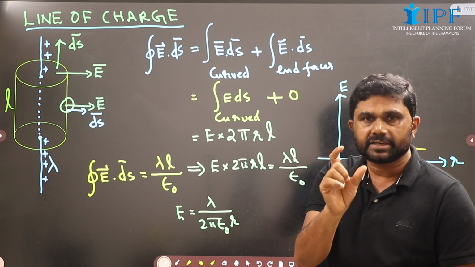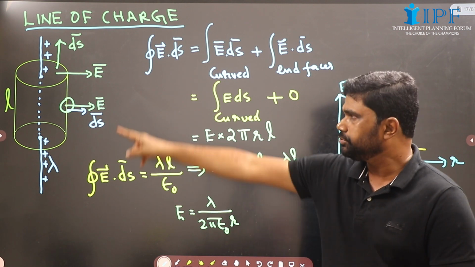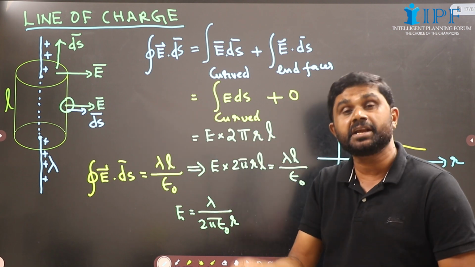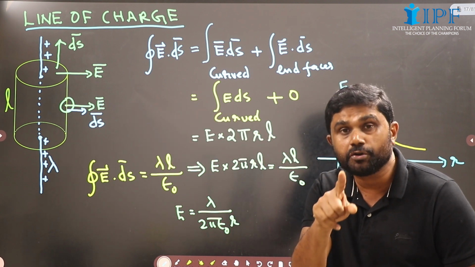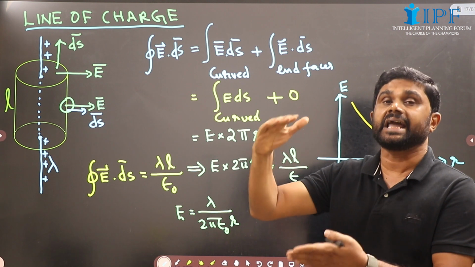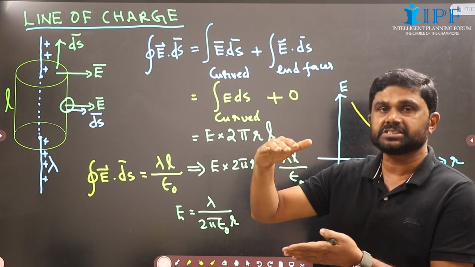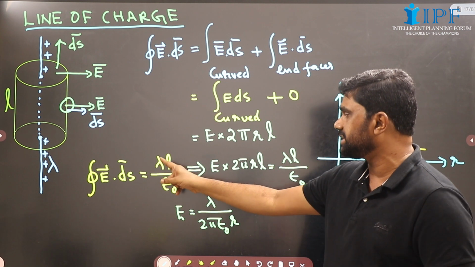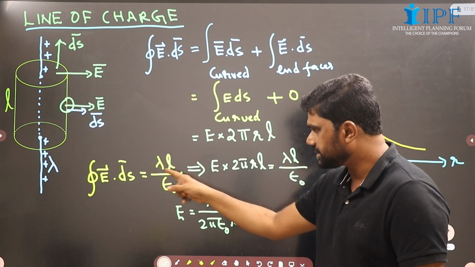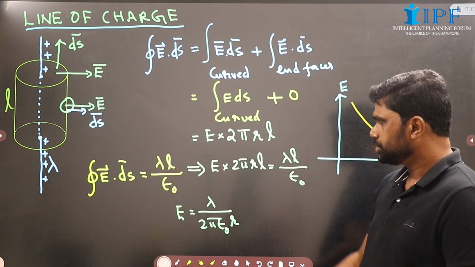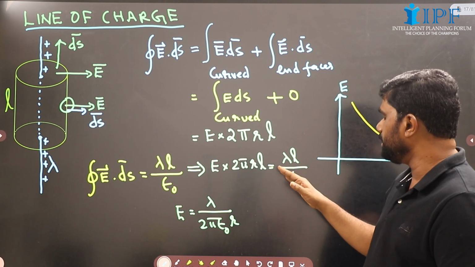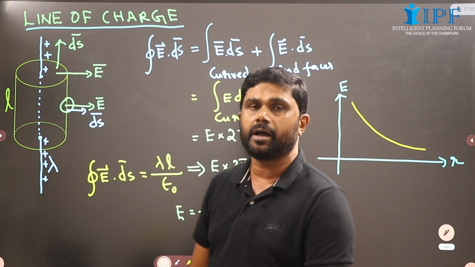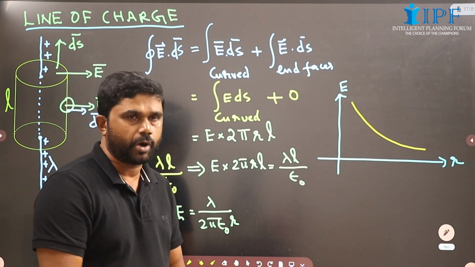Per unit length the charge is lambda, and our Gaussian surface of length L encloses a line of charge of length L, so it encloses a charge lambda L. So E into 2 pi r L will be equal to lambda L by epsilon 0, and E will be equal to lambda divided by 2 pi epsilon 0 r.